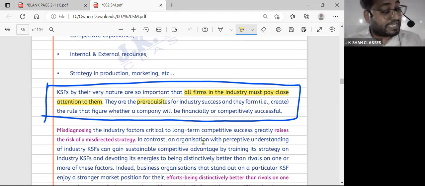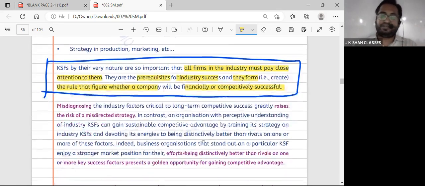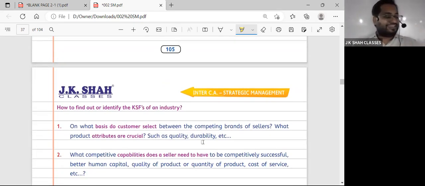These are the prerequisites for industry success. If you want to be successful, you should have this. And they form the rule that decides whether a company will be financially and competitively successful. You understood with the help of the example, right? I believe the point is made. This is important.